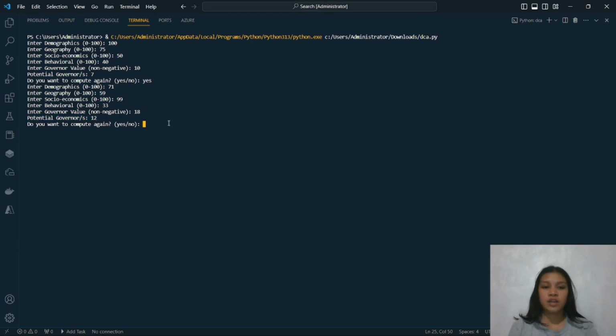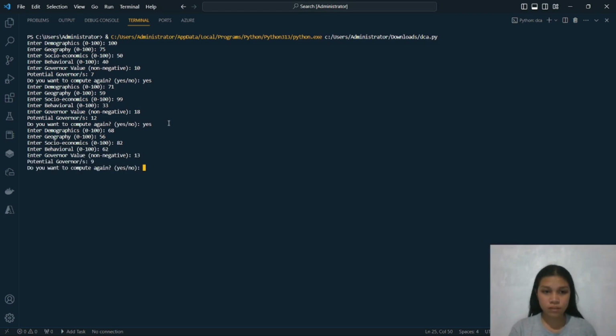Let's try another case. In the third case, we will enter demographic 68, geography 56, 82 in socioeconomics, and behavioral is 62, and the governor value is 13.